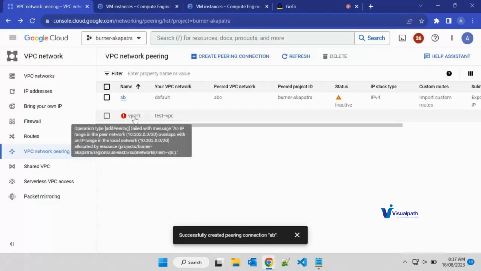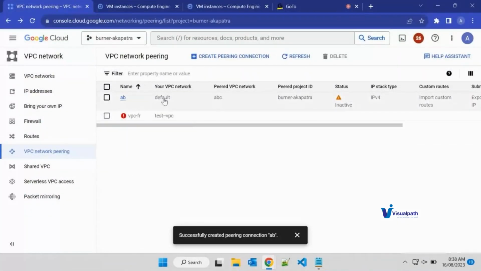I kept this error message so you understand this is again a thing to keep in mind when you are doing the peering. Otherwise, however much we scratch our head on why it is failing, we will never be able to do a peering. Please do take a note of the ranges you are trying to peer.